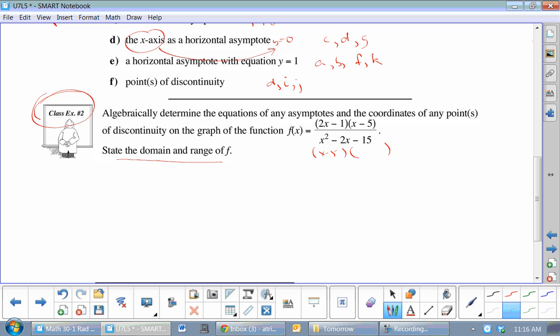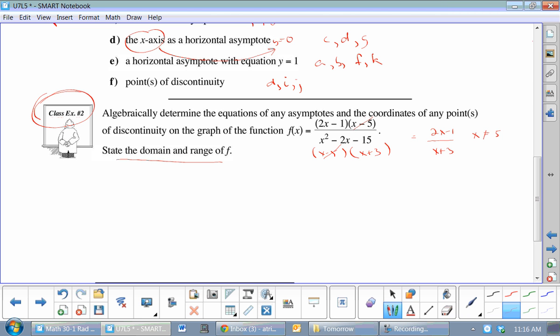X minus 5, x plus 3. Okay? So this would cancel, and I would be left with 2x minus 1 over x plus 3. X cannot equal 5.